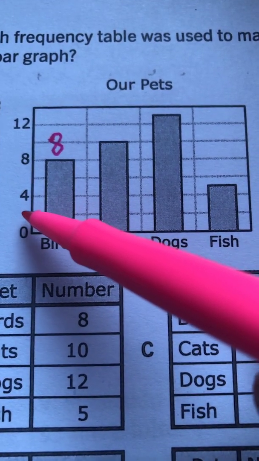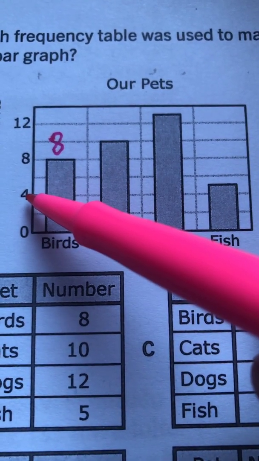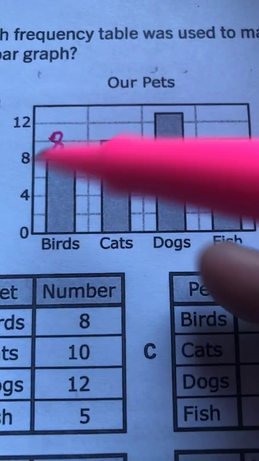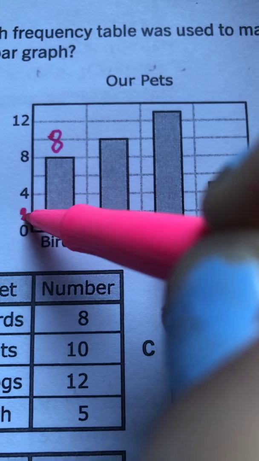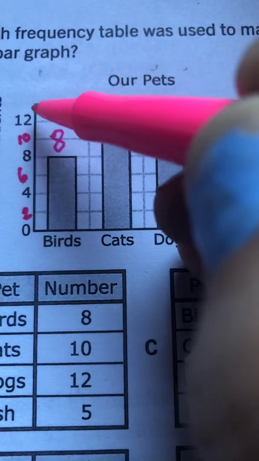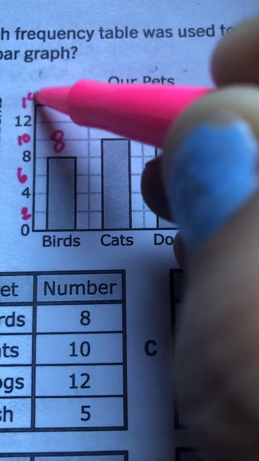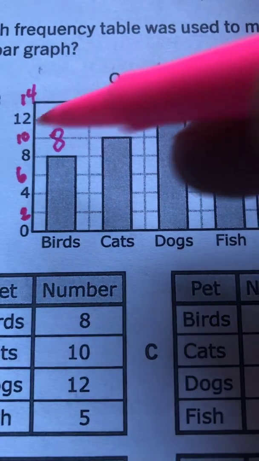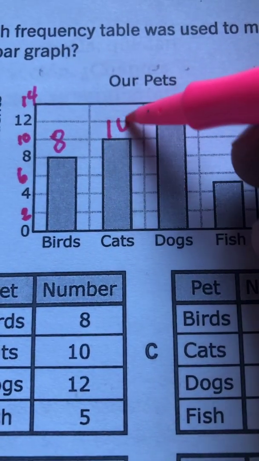So then I look 2, 4, 6, 8. So if I look at here, I could see that the pattern is 2, 4, 6, 8, 10, 12. And if it goes to the top, it's 14. So the number of cats equals 10.